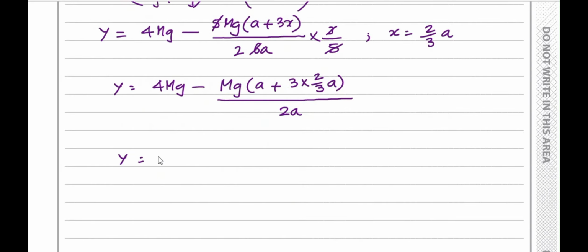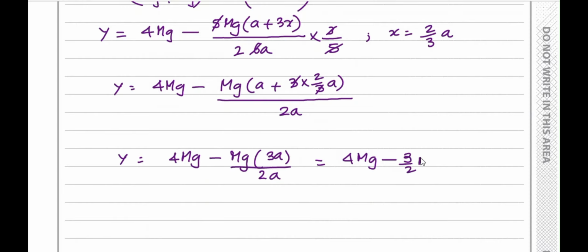Now that is equal to 4 mg minus mg(3 and this 3 cancel, therefore 2a plus 1a, 3a) over 2a, that is equal to 4 mg minus 3 over 2 mg, and that is 4 minus 1.5, that is 2.5 mg. Therefore y is equal to 2.5 mg.